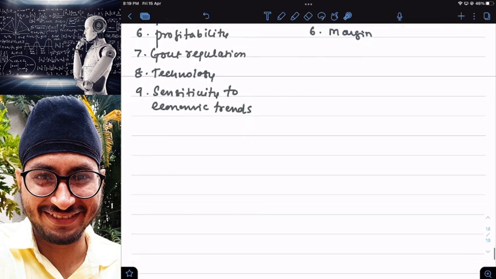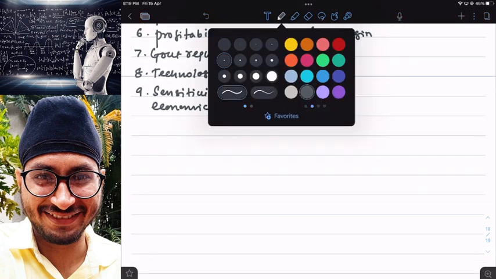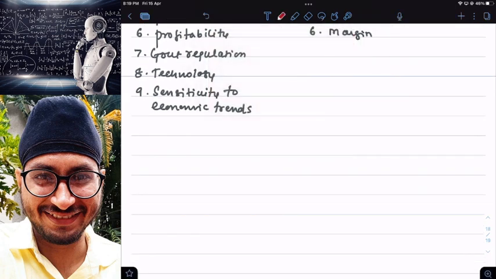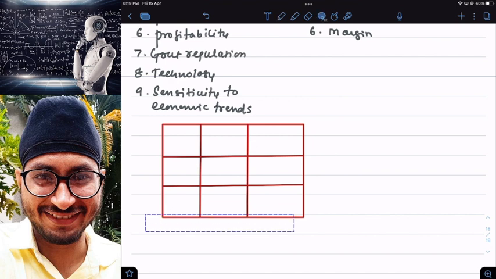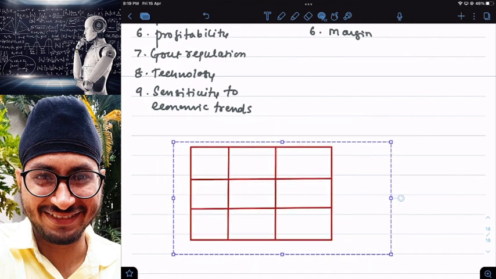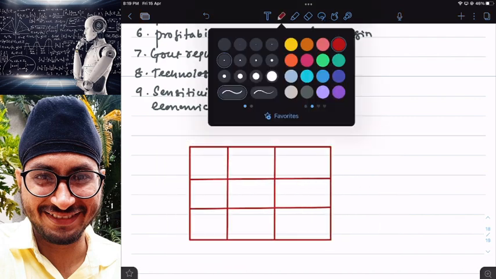Now, clear? I will draw a small table here, of the GE matrix. In this table we will take 3 by 3 cells, 3 rows and 3 columns. Here I am having business strategy.